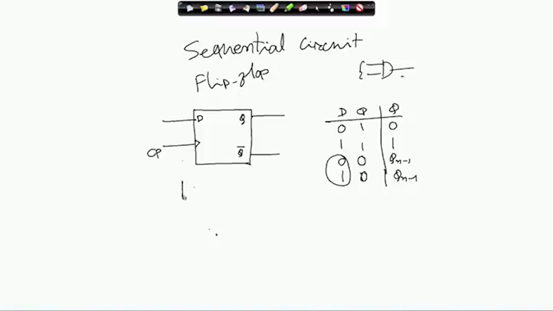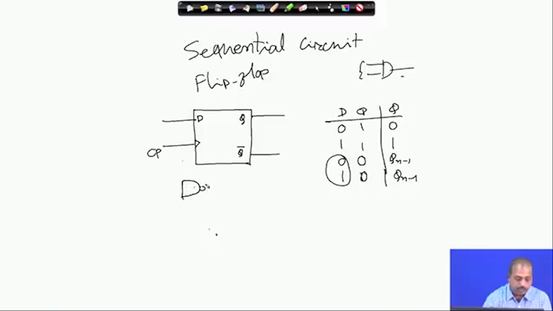For realizing it, you can do it in terms of combinational gates. I will just draw the circuit, then I will try to explain. We have this D input here and we have this clock pulse going to both of them. D is connected there and the D bar line is connected here.